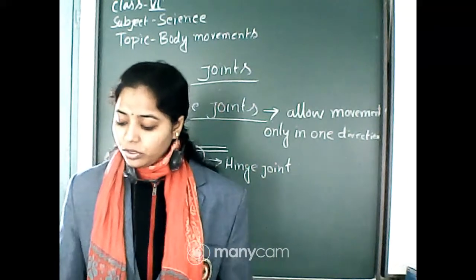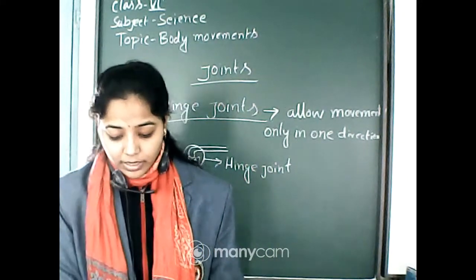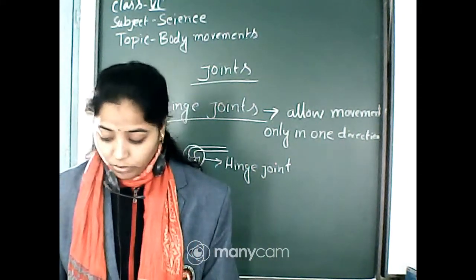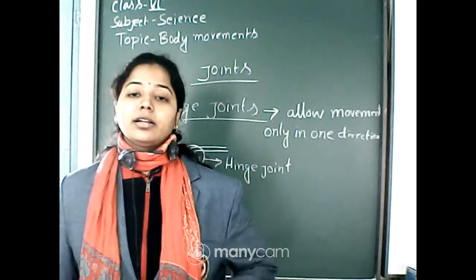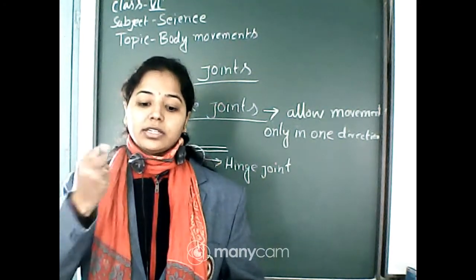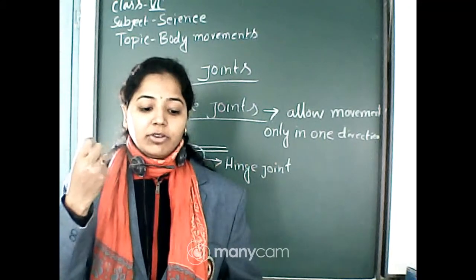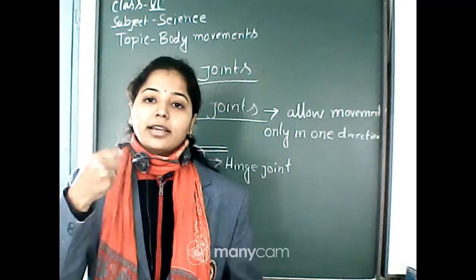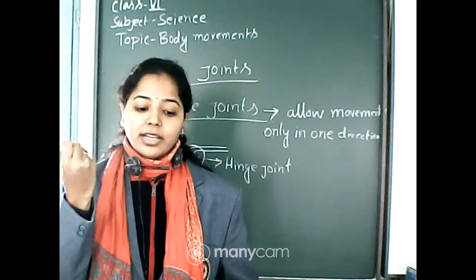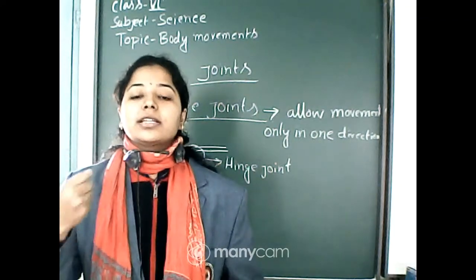Now we come to another type of joint that is not in your book, the gliding joint in your wrist. Whenever you move your wrist clockwise and anti-clockwise, such movement is known as a gliding joint.